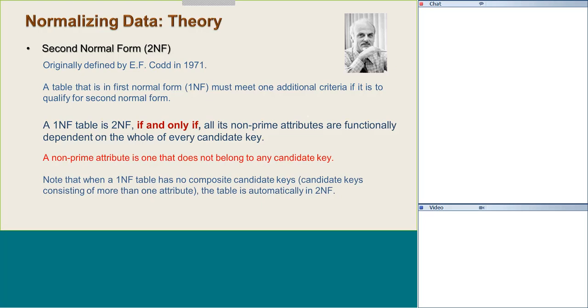And if the table has no composite keys, i.e. it has a single field as a key, the table is automatically second normal form. It must be.